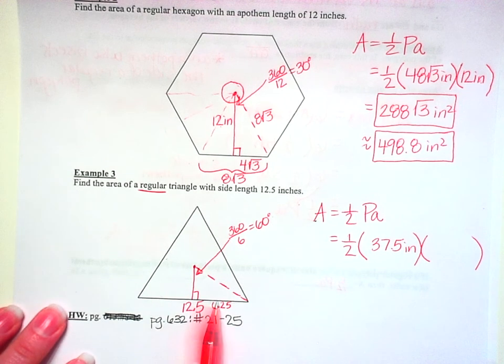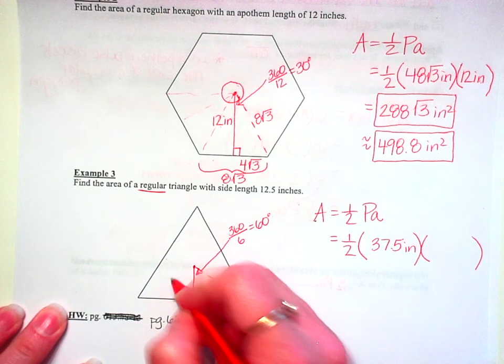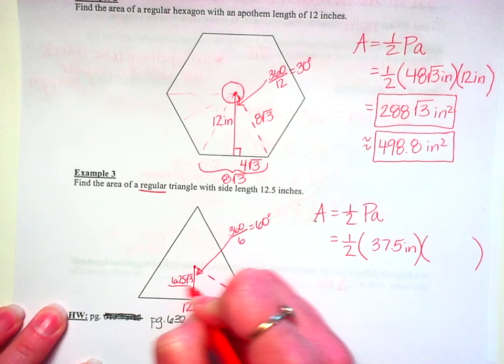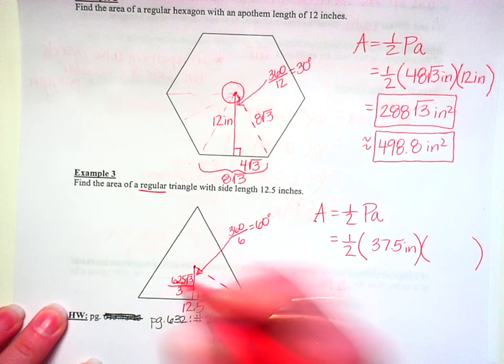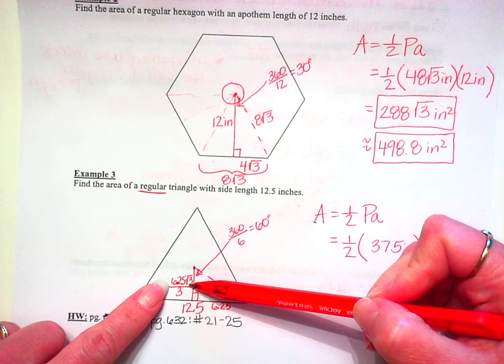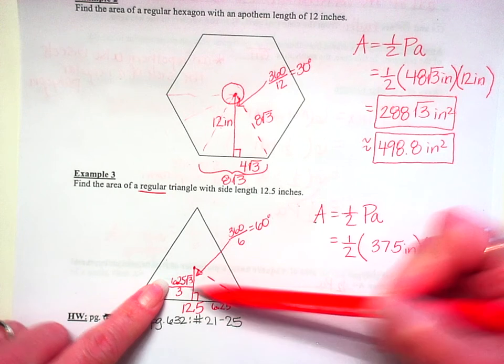Across from the 60, that is our n square root 3. So our n would be 6.25 radical 3 over 3. If you take that n and you multiply it by the square root of 3, you'll get 6.25.